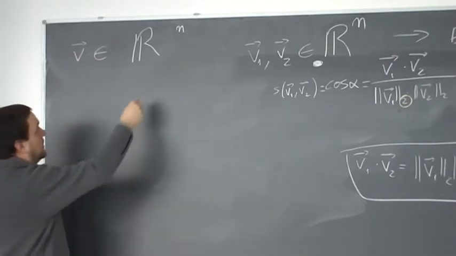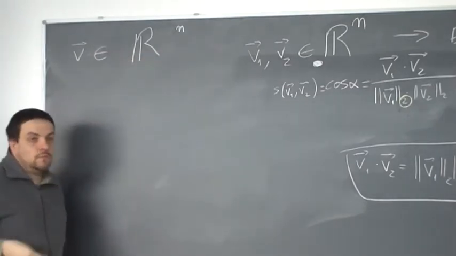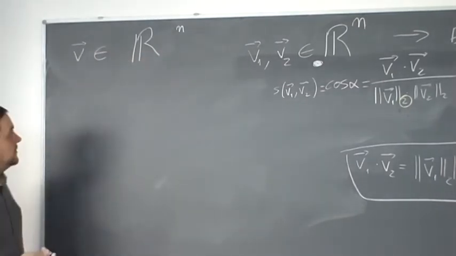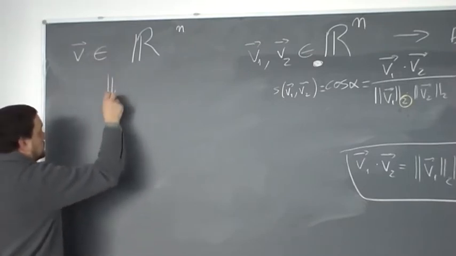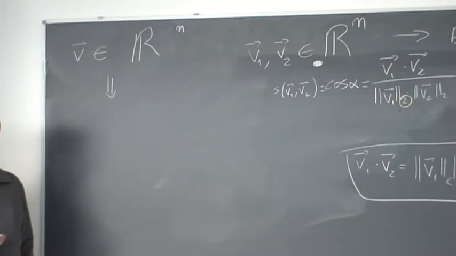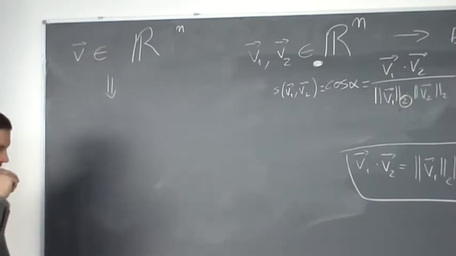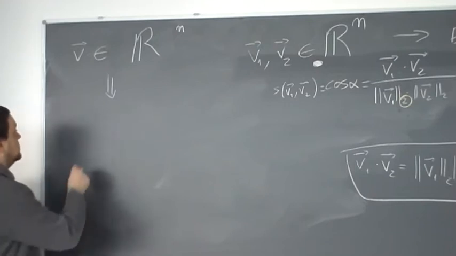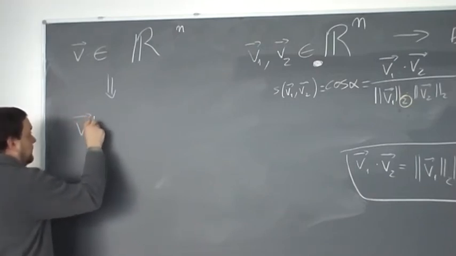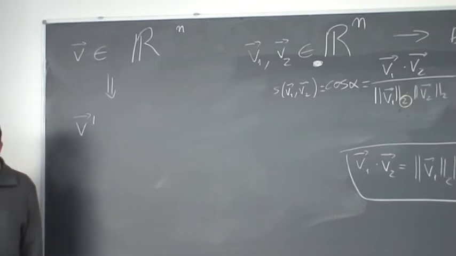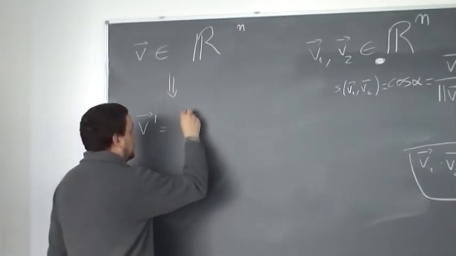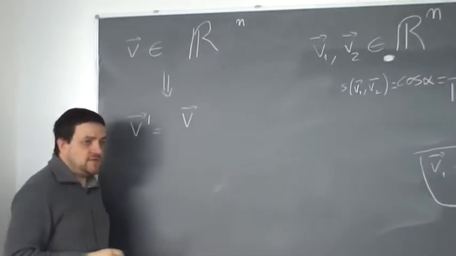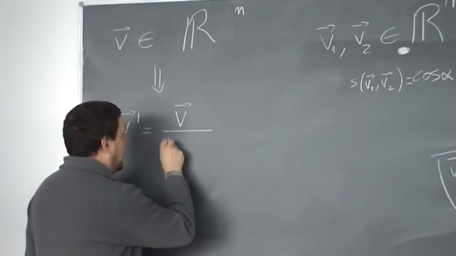So in general, our objects are vectors in Rn with arbitrary values for each coordinate. Next, we can normalize our vectors so that we can pass to vectors of features, let's call them v prime, that are obtained from the original vector of features by normalizing them.